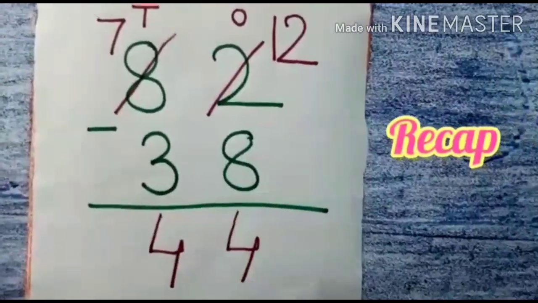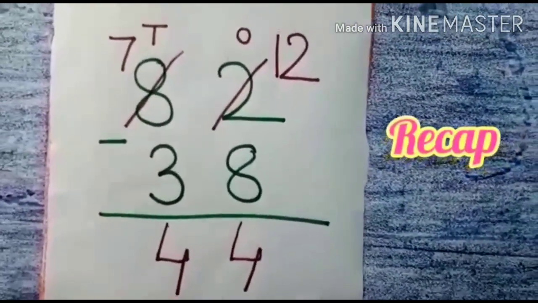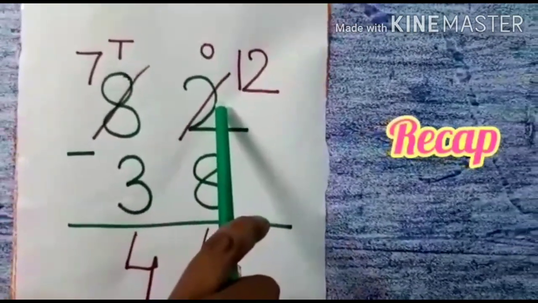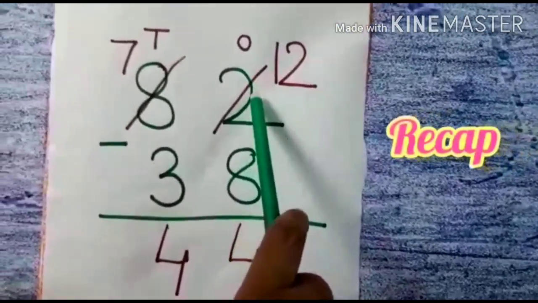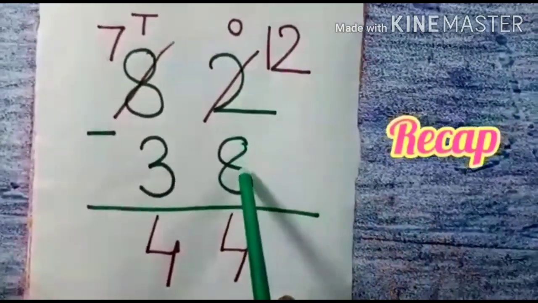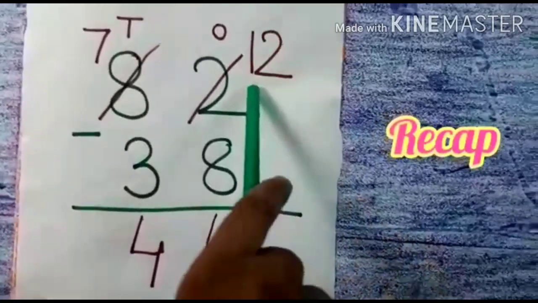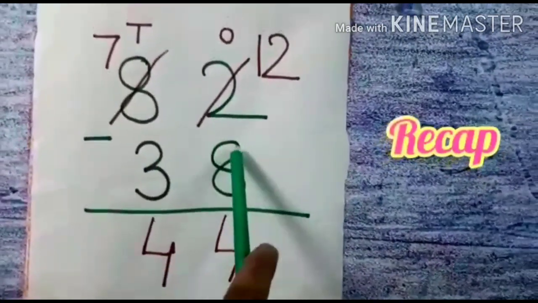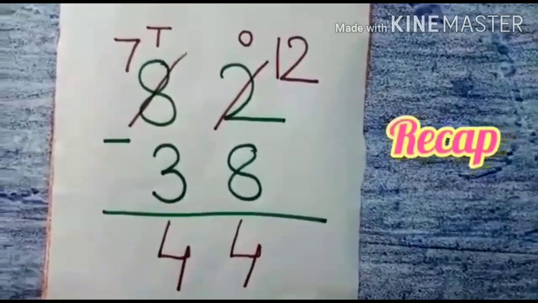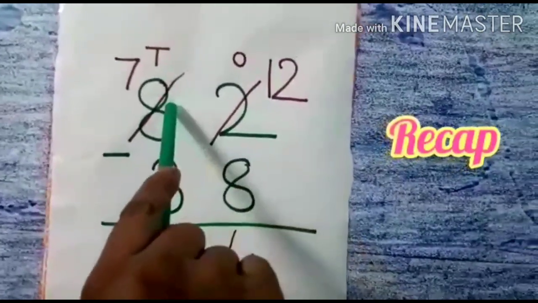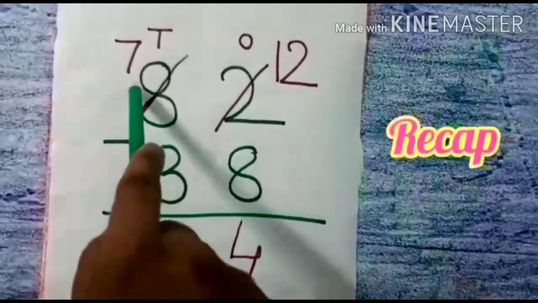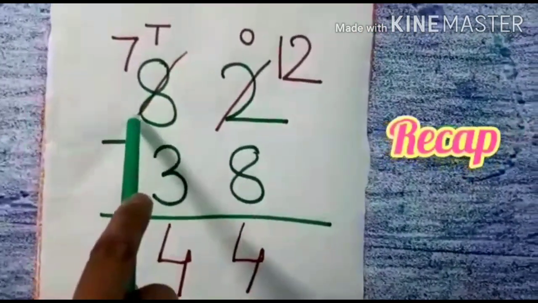We have to borrow and bring that 1 ten to the ones place. Okay? And then the ones place digit will become bigger, means above number will become bigger than the below number. Then it is easy to subtract. And the tens place digit we have to subtract 1, because already we have taken 1 ten.